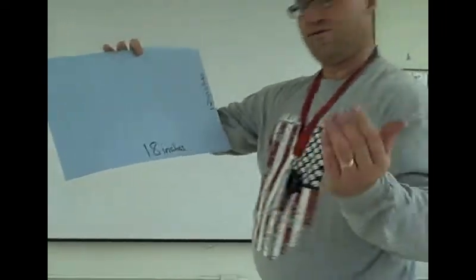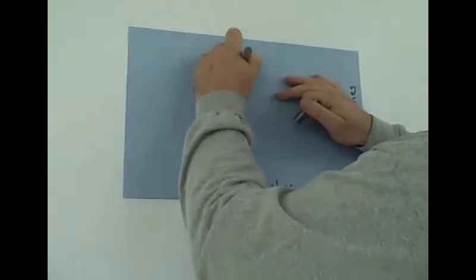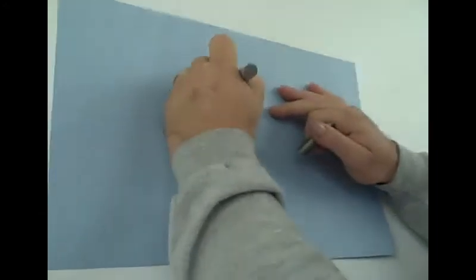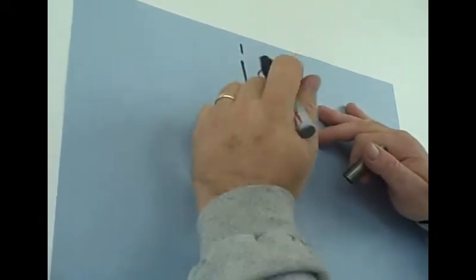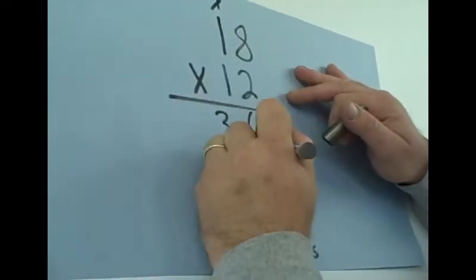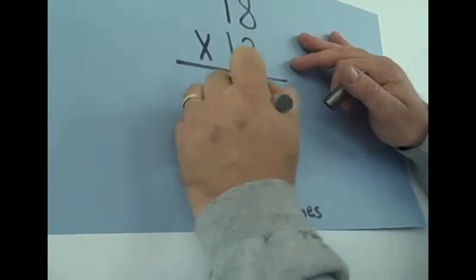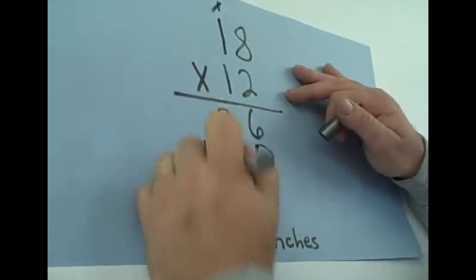18 times 12. We're going to take 18 and multiply it times 12. 8 times 2, that's 16. 2 times 1 plus the 1 up there is 3. Okay, bring down our 0. 1 times 8 is 8, and 1 times 1 is 1.